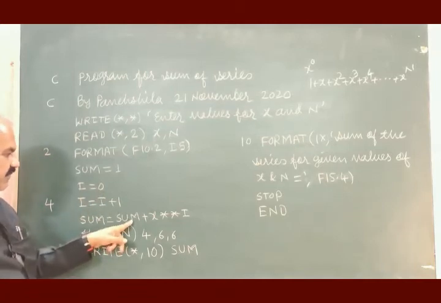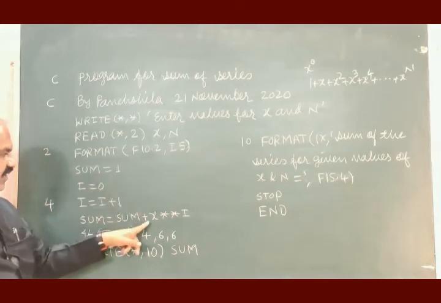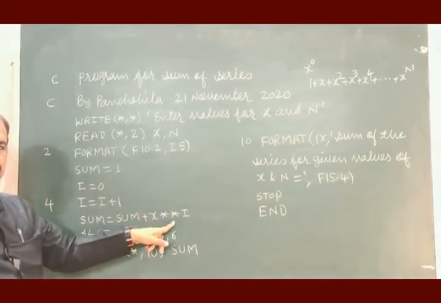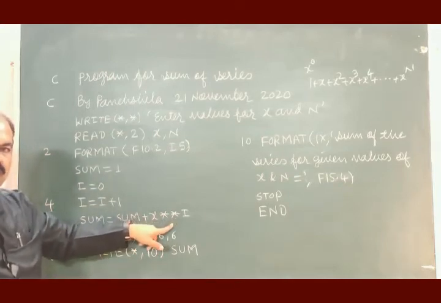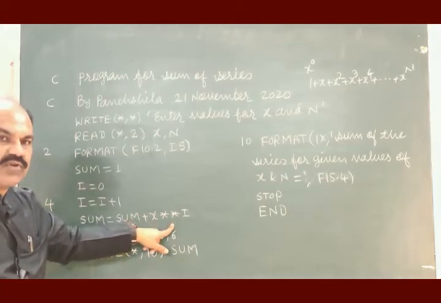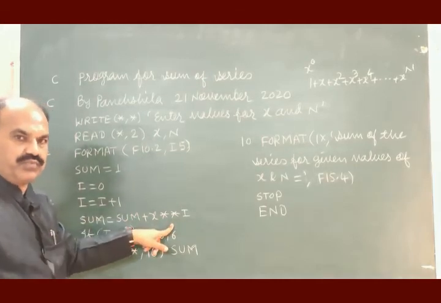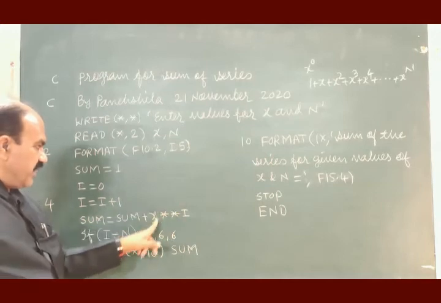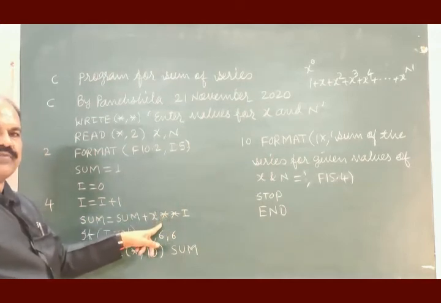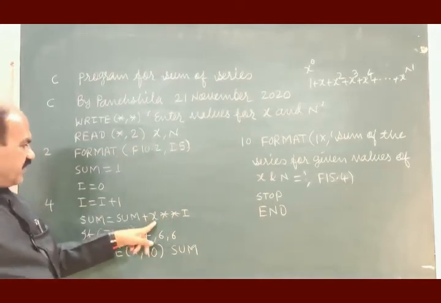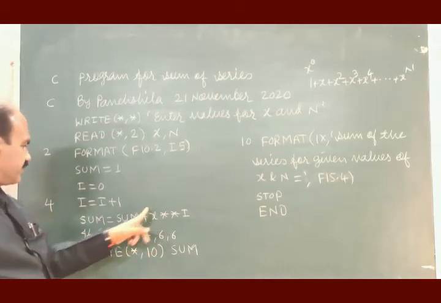Sum is equal to sum, what is the earlier sum? 1 plus x to the power, 2 asterisk is the symbol for power, raised to, x to the power 1. You have provided the value of x already here, so it will be x to the power 1.